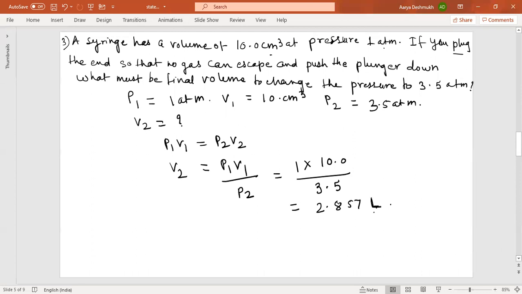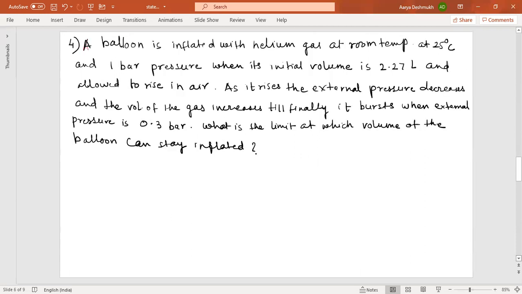Next we'll go for the next numerical. A balloon is inflated with helium gas at room temperature and 1 bar pressure when its volume is 2.27 liter and allowed to rise in air.